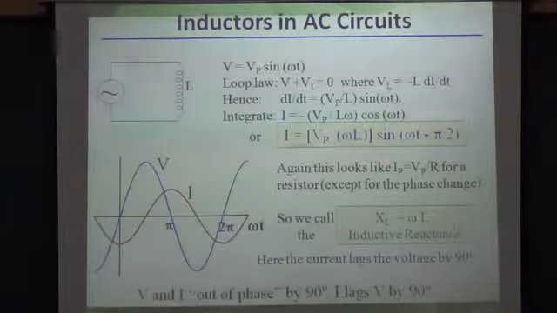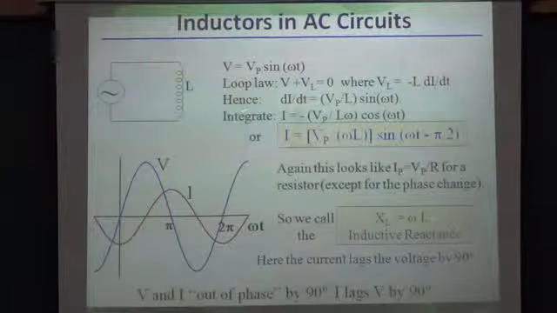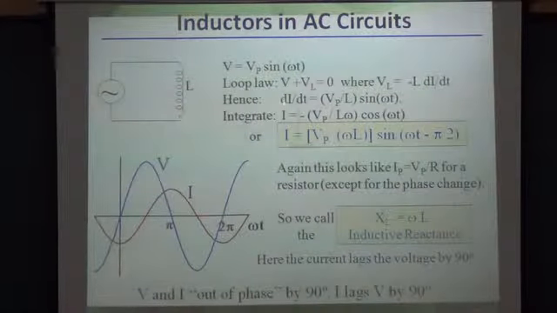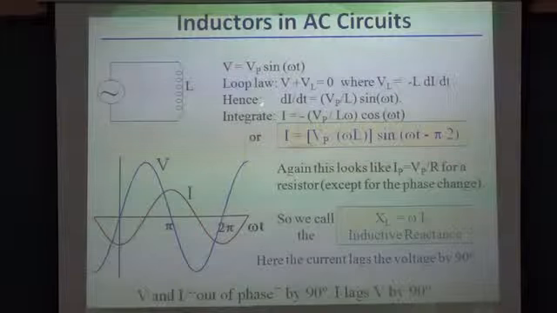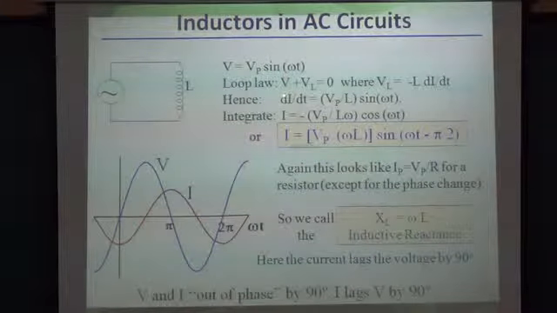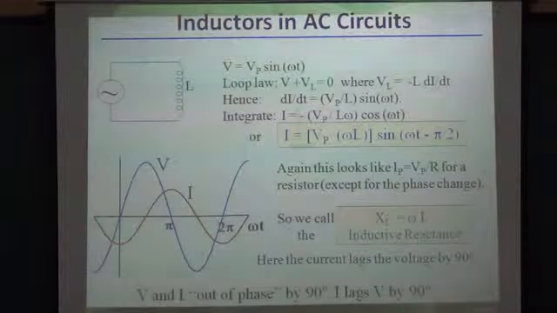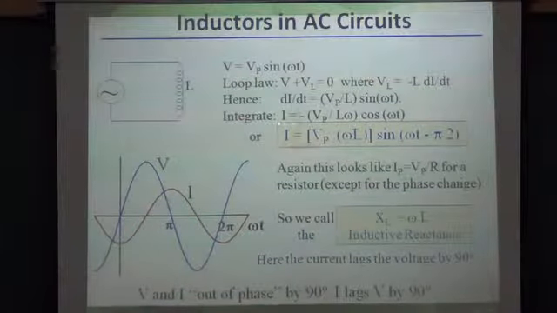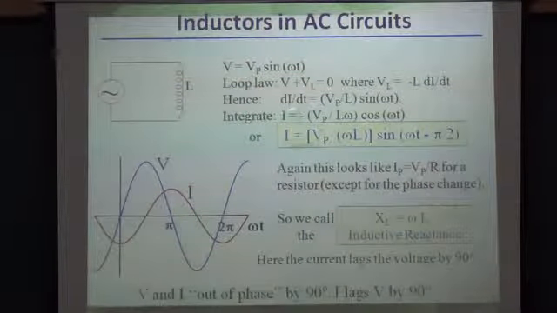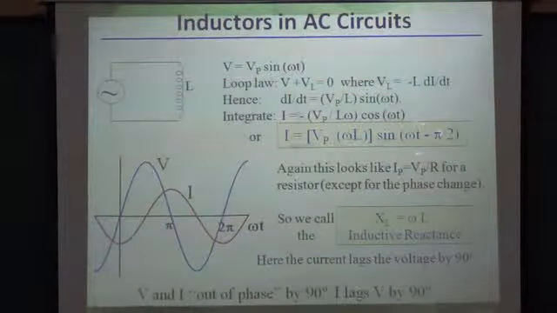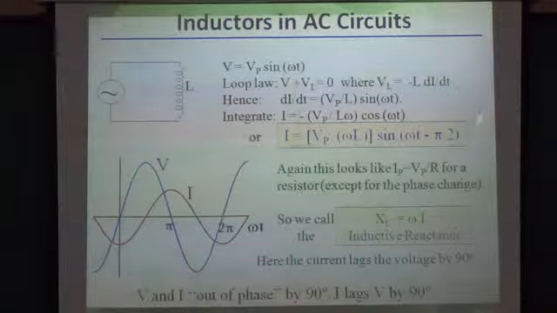Similarly, I can take inductor, and for inductor we know L di by dt is nothing but V. So this L is gone down. Di by dt is V_P sin omega t. So you substitute for that, and I will be given by this value. Again, you can see the sin omega t minus pi by 2.